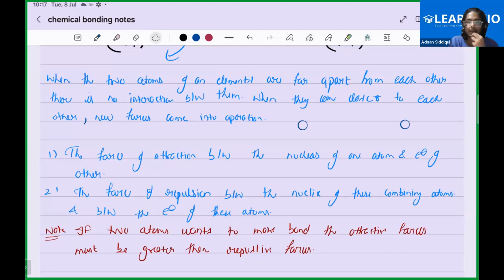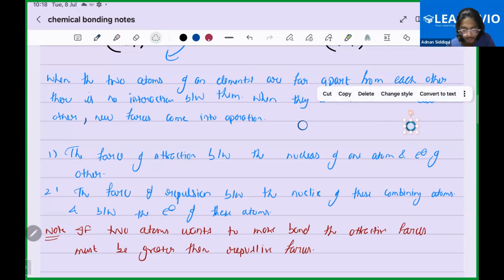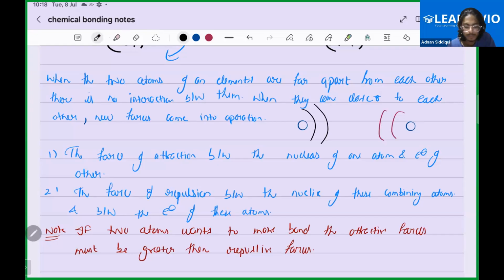Suppose now this atom is coming closer to this one. Suppose this one has its own electrical and magnetic fields, and the other atom has its own electric and magnetic fields. As they come closer to each other, these fields will interact with each other.